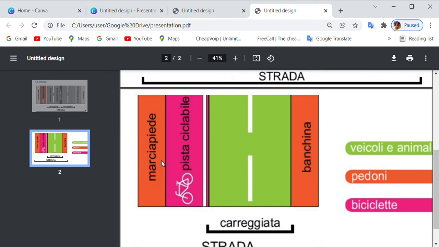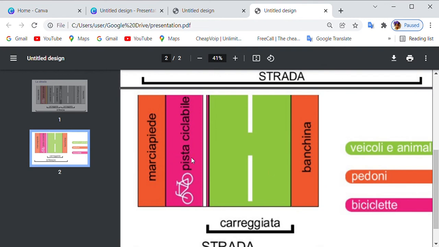Like I told you before, if you don't have these characteristics in this strada, maybe you are just having it from here to here. Humans can still walk here too, like a normal road. You will not enter where the lane for driving starts. You will be inside this place, outside the corsia. Then you have biciclette, this place, which is purple, right?